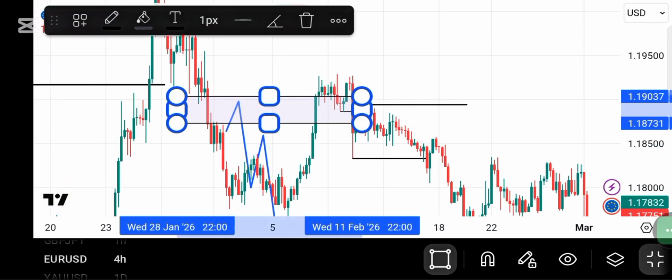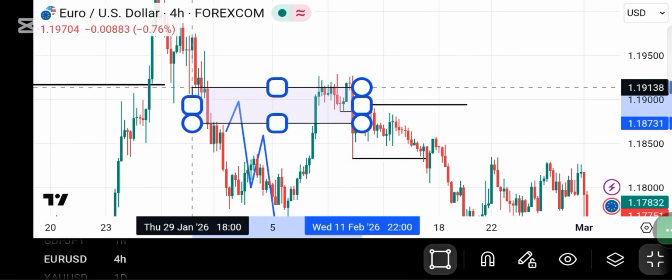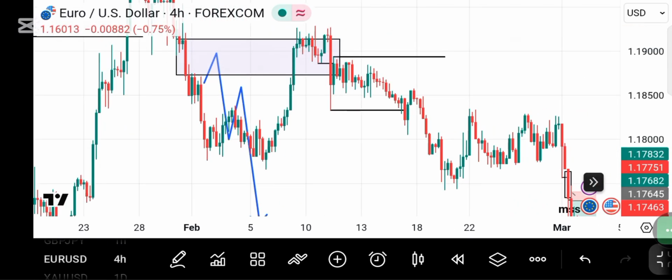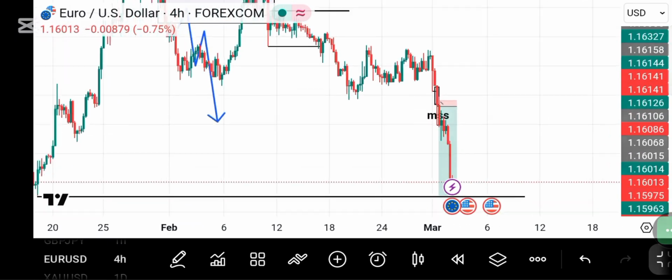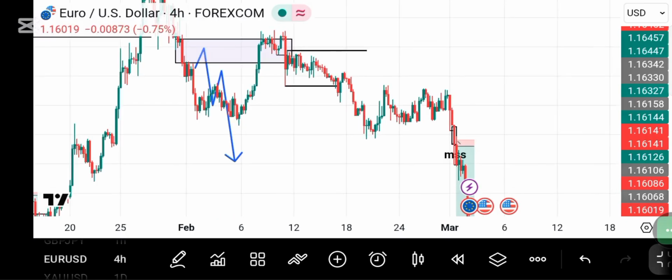You cannot really hold on to it, but I went instead to trade the correlating pair. The correlating pair of Euro USD is actually GBP USD, so they are positively correlated pairs and they actually move in line with each other, although sometimes they can be not correlating totally, but 80% of the time they correlate.